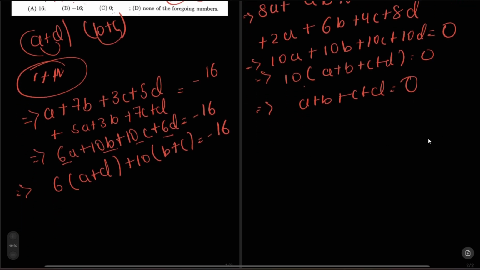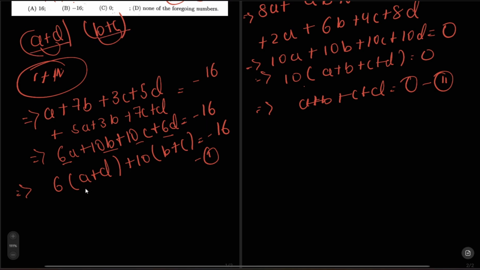Now there are again two more equations that arise. From these, we have to find the relation between a plus d and b plus c.